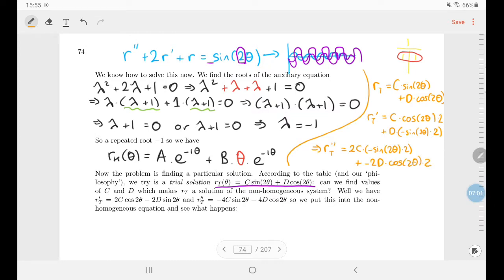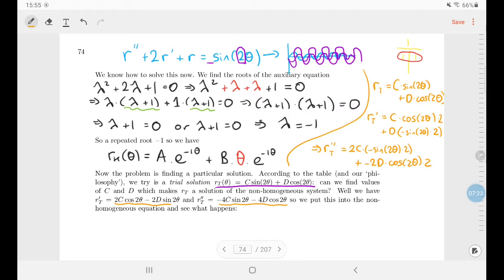So that's where these things come from. So we have 2c cos 2 theta and minus 2d sine 2 theta. And then the next one, they're both negative, and 2c by 2 gives you the 4c, and the 2d by 2 gives you the 4d.